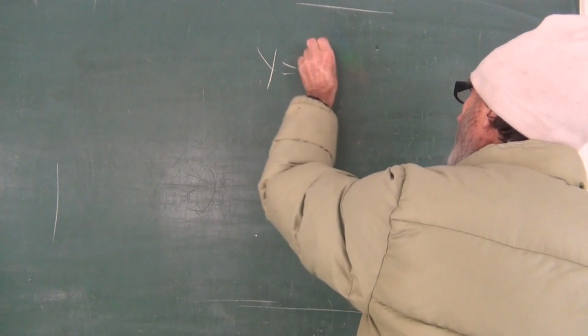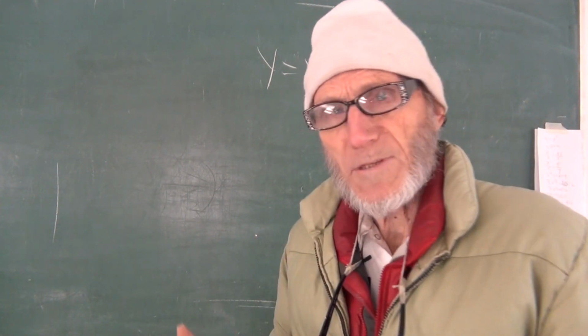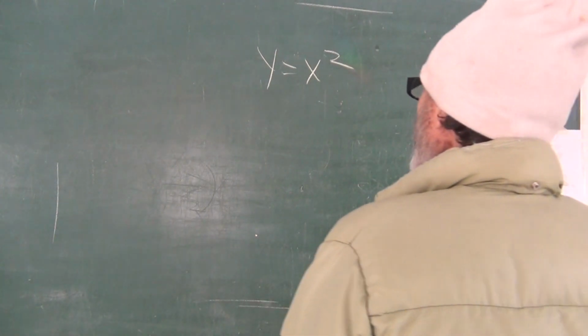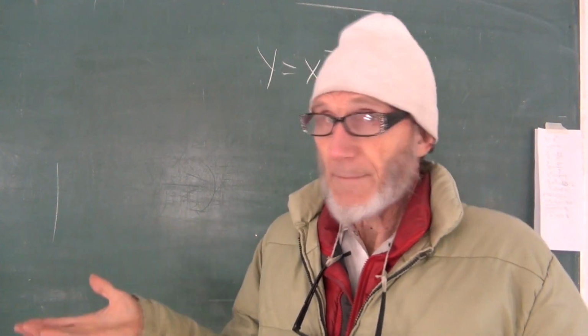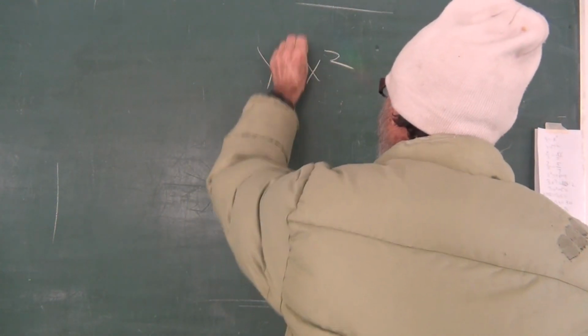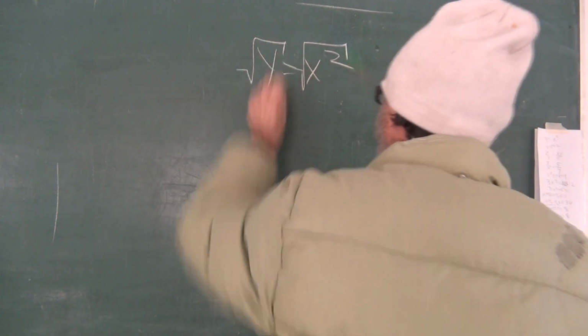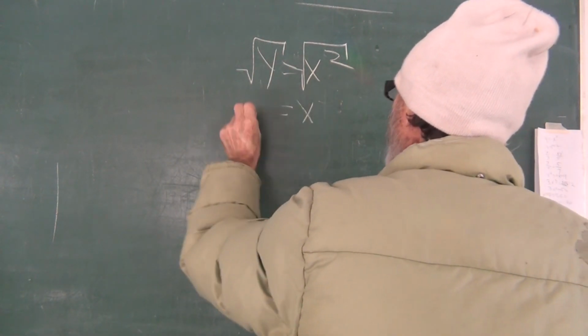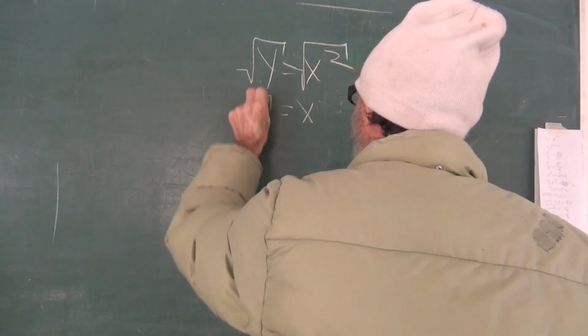Y equals x squared, and just to make it simple, we'll always be solving for x. Well, if y equals x squared, then you have to do the same thing on both sides of the equation, and the way to get rid of that little nasty 2 is to take the square root of both sides. And when you do that, then you have x equals square root of y.